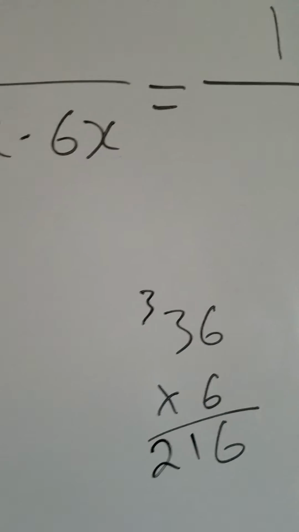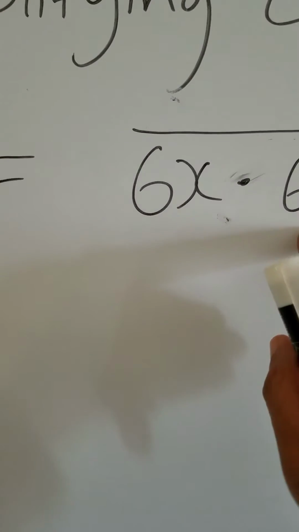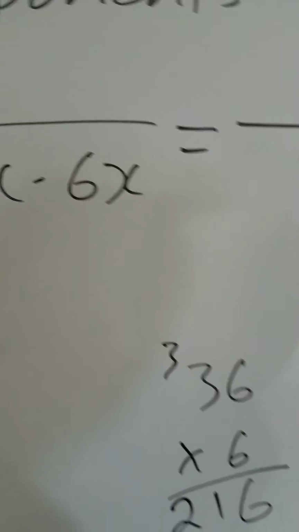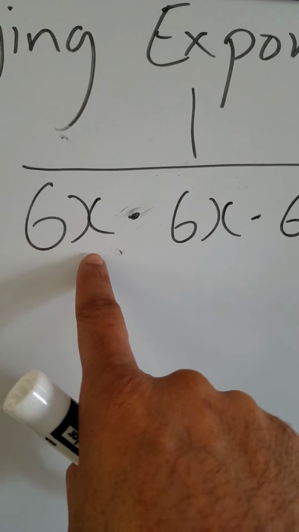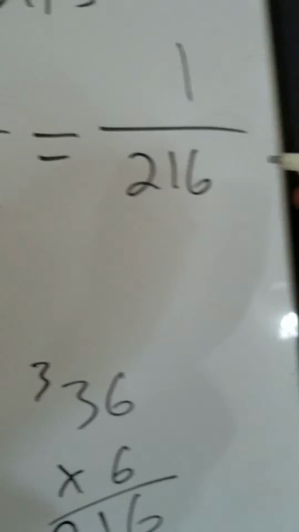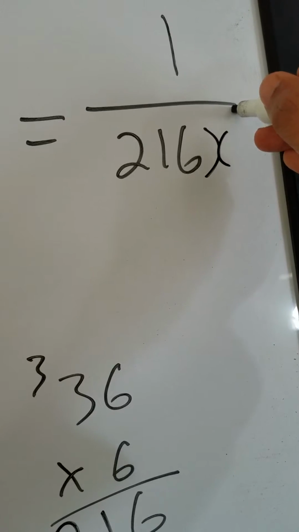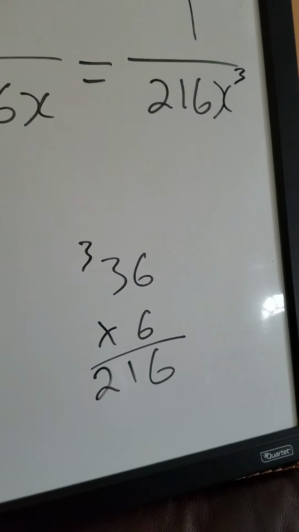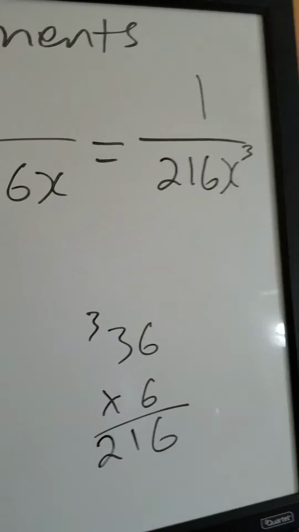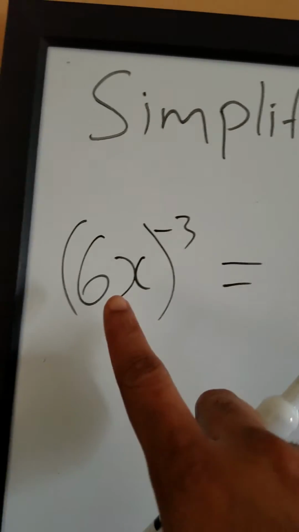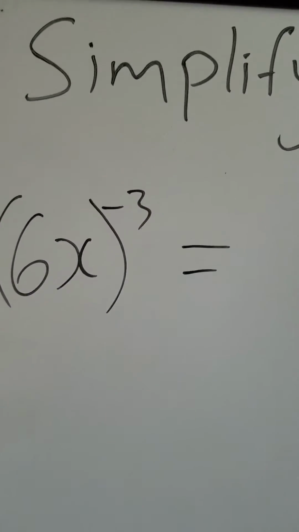So pardon me, 6 times 6 is 36, and then 6 times 36 will get you to 216. And then of course we have 3 copies of x's, so we put the x cubed at the bottom. And this is another way that we could have written this expression.